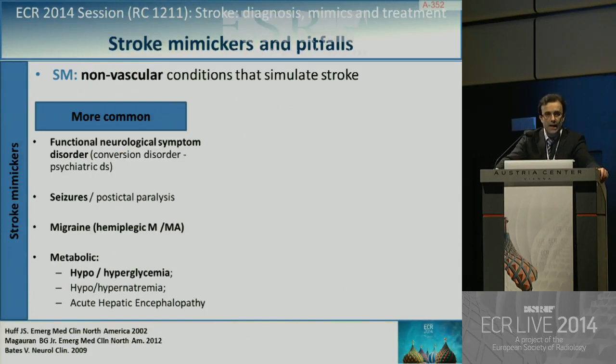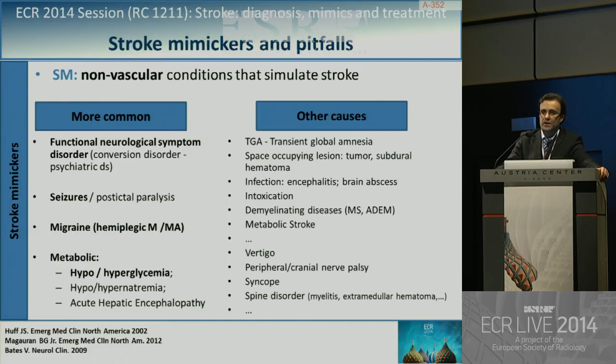In a clinical setting, the most common ones are obviously the functional neurological symptoms, the psychiatric disorders, the converters. Then we have seizures, which are challenging, and post-ictal paralysis, migraine, and many metabolic conditions, mostly hypoglycemia, which is very easy to diagnose in the lab.